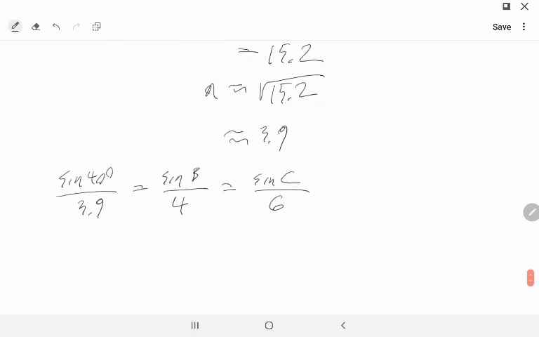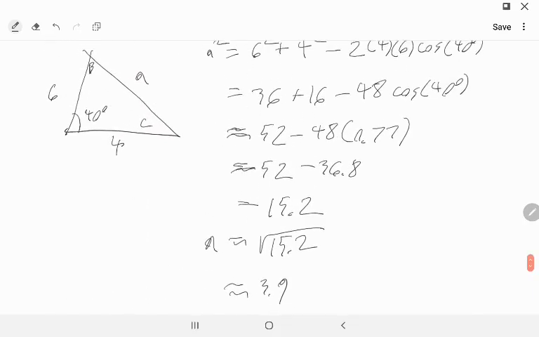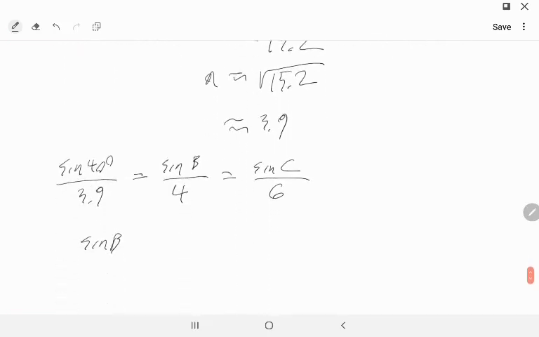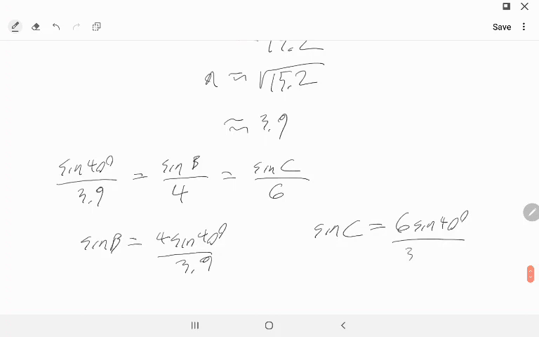And so we notice that we find out that sine of B, we have to figure out what sine of 40 is. We know sine of B is going to equal 4 sine 40 divided by 3.9. Sine of C equals 6 sine 40 divided by 3.9.